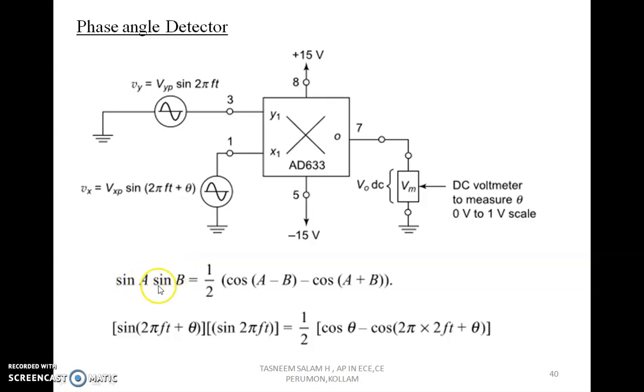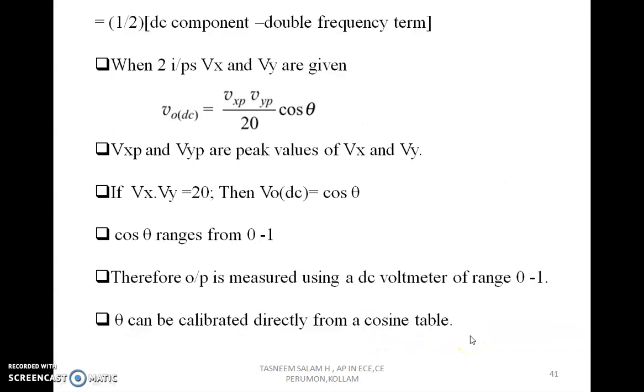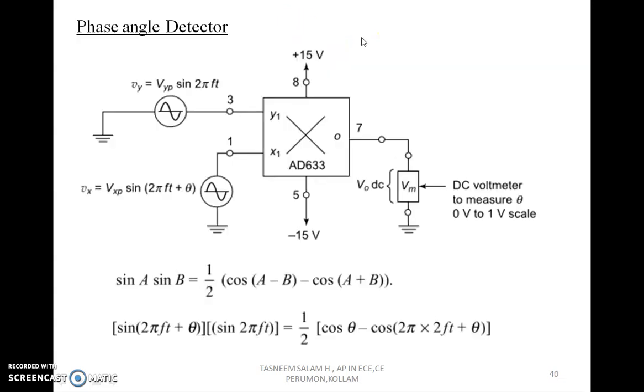We know that sin A sin B is equal to half into cos A minus B minus cos A plus B. Therefore, sin 2 pi ft plus theta into sin 2 pi ft is equal to half into cos theta minus cos 2 pi into 2 ft plus theta. So, half into DC component minus double frequency term.